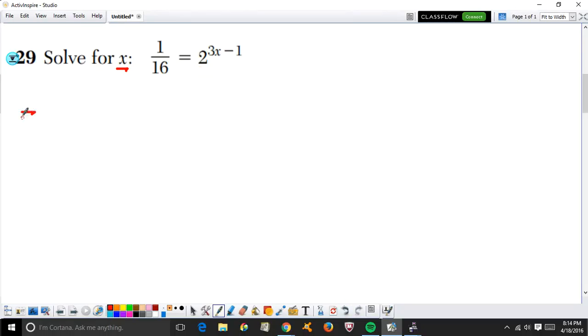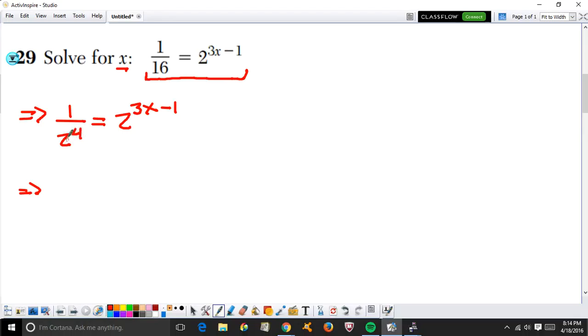So we're going to use that technique. Try to rewrite 16 as base 2, and then we will apply the properties. So now you can rewrite your original equation as 1 over 2 exponent 4 equals 2 to the 3x minus 1.